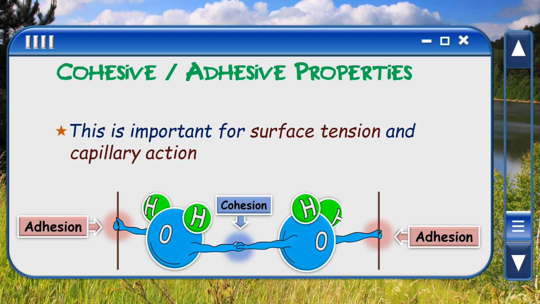It is going to use cohesion forces to attract between water molecules, and it will use adhesion forces to attract the surface of the utensil it is in or the pipe it is passing through. So adhesion and cohesion are very important in surface tension and capillary action.